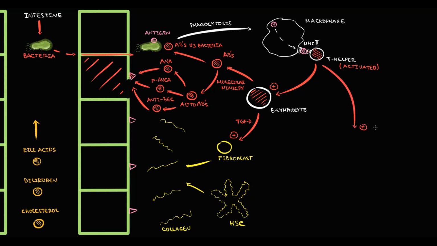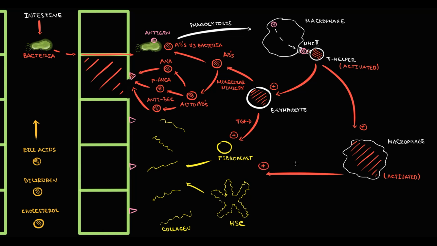In addition to this, T helpers activate macrophages. Macrophages with activation also begin to produce transforming growth factor beta and interleukin 6, which activate both fibroblasts and hepatic stellate cells. With activation, fibroblasts become myofibroblasts. Once both cells are activated, they dramatically increase the production of collagen fibers.